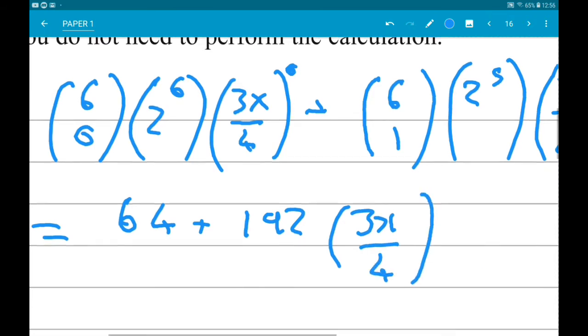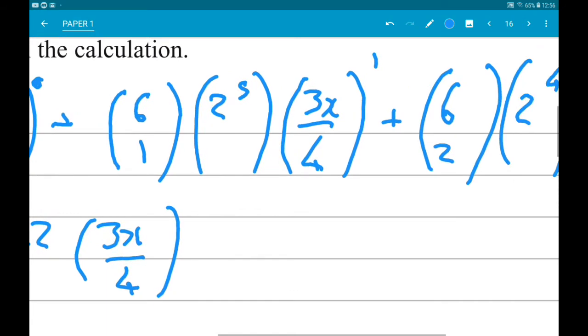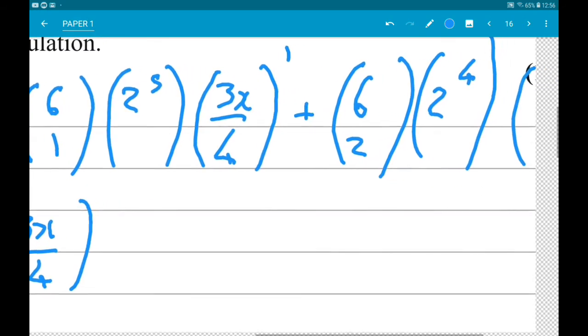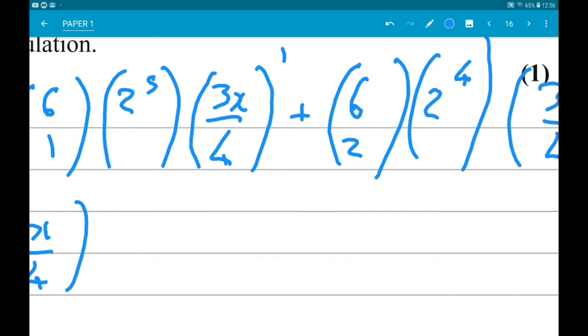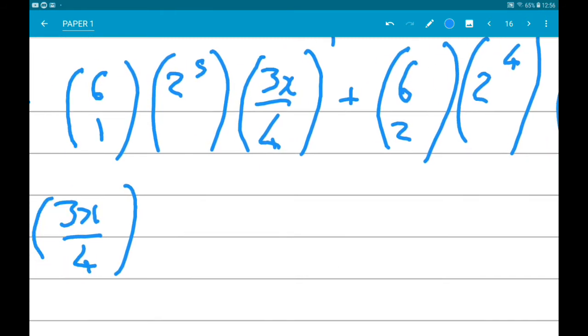And then the third one, 6 choose 2 is 15. So we have 15 times 16, which is 240. Now that is multiplying 9x squared over 16.